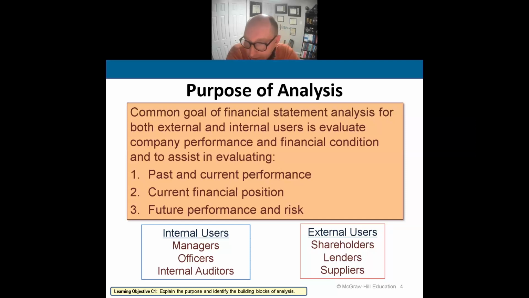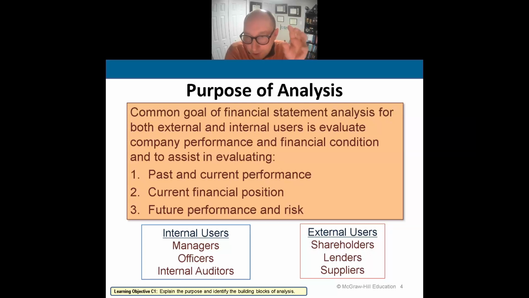Now, who needs to see this kind of information? We have internal users and external users of financial information. We learned this back in Principles of Accounting 1, as you may recall. Internal users are people within the company: managers, employees, officers, internal auditors, the board of directors.